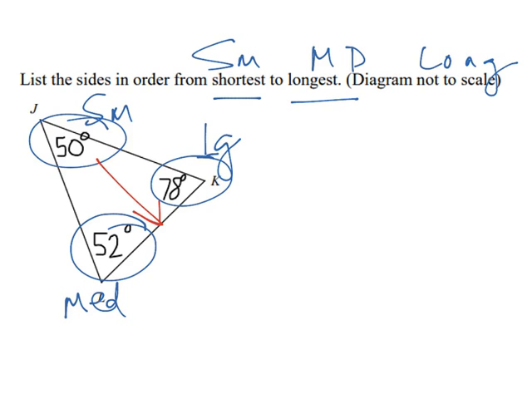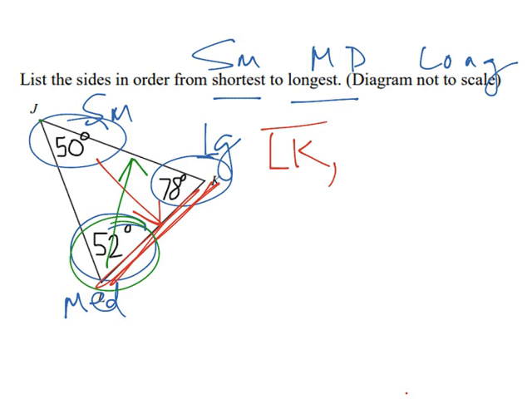So what does that say? That means that this one right here is my shortest side. That side is LK. Then the next one, which is the medium, I'll do it here in green, is this one here. So I go across this way, and this green one here, JK, is my medium.